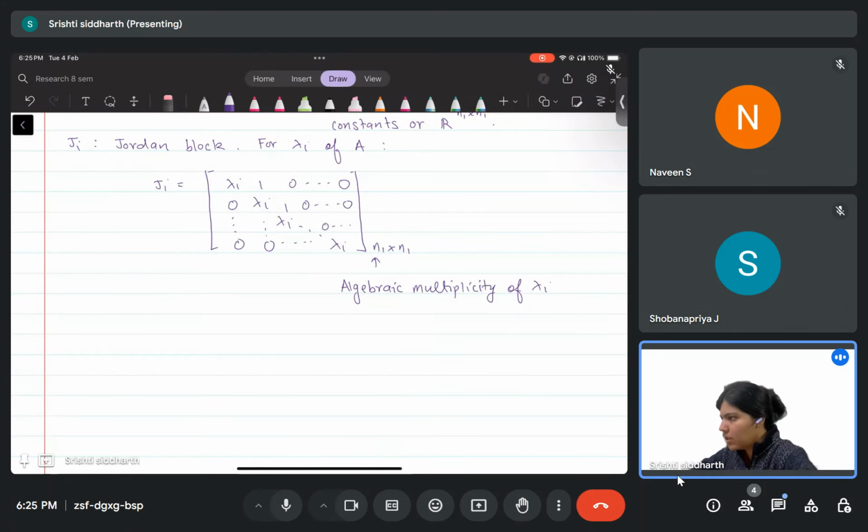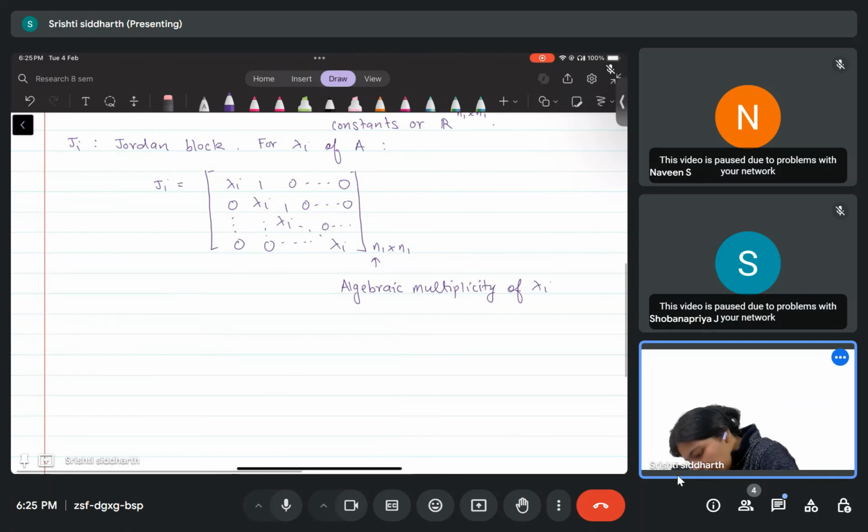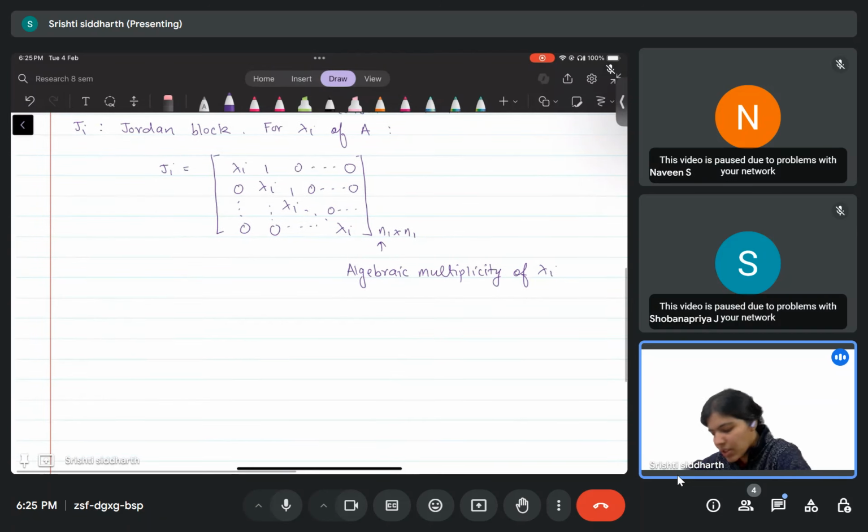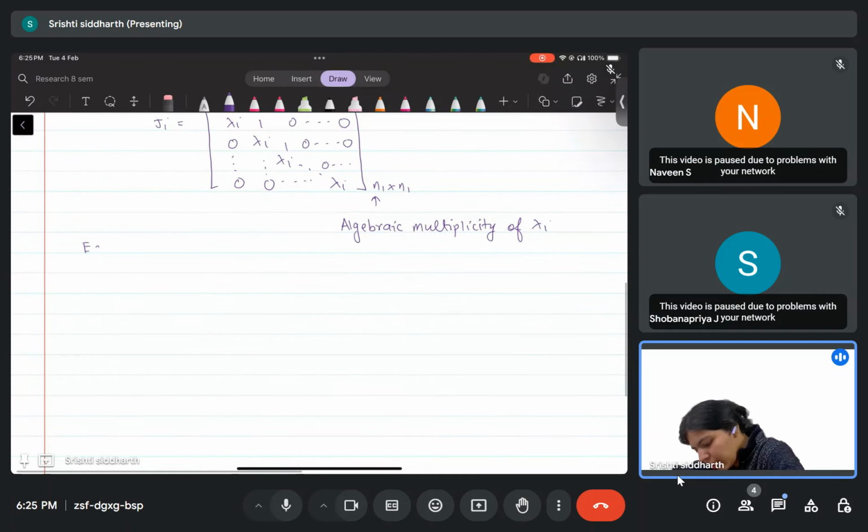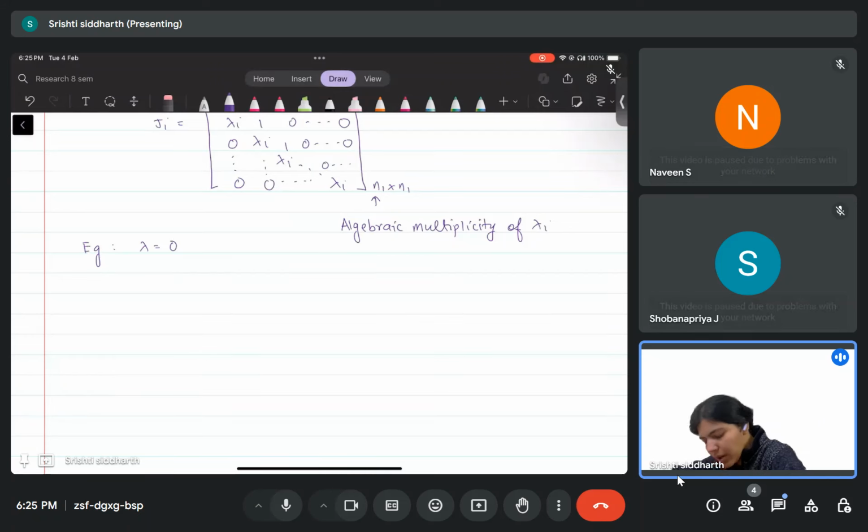So for example, if there was a matrix A which had an eigenvalue 0 with an algebraic multiplicity of 2, the Jordan block corresponding to this eigenvalue would be 0, 0 on the diagonal, which has to be a 2 by 2 matrix, and 1 above the main diagonal.